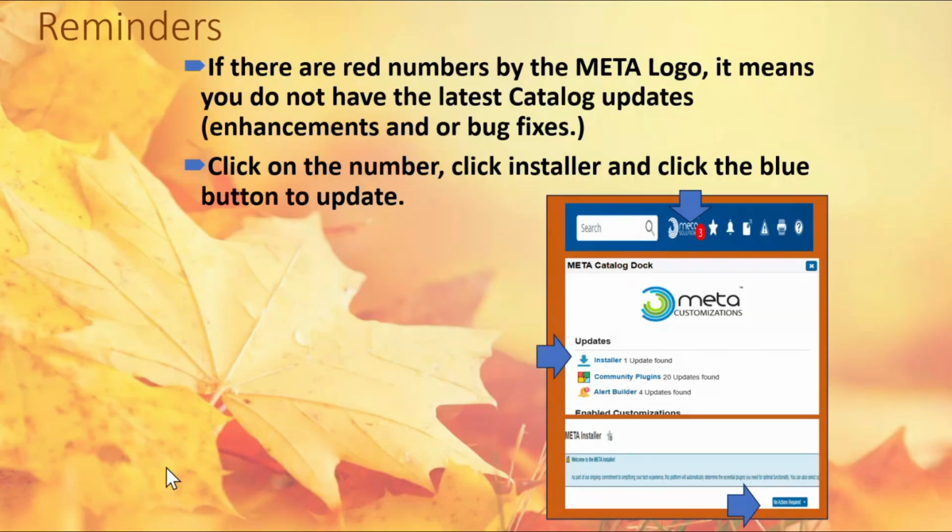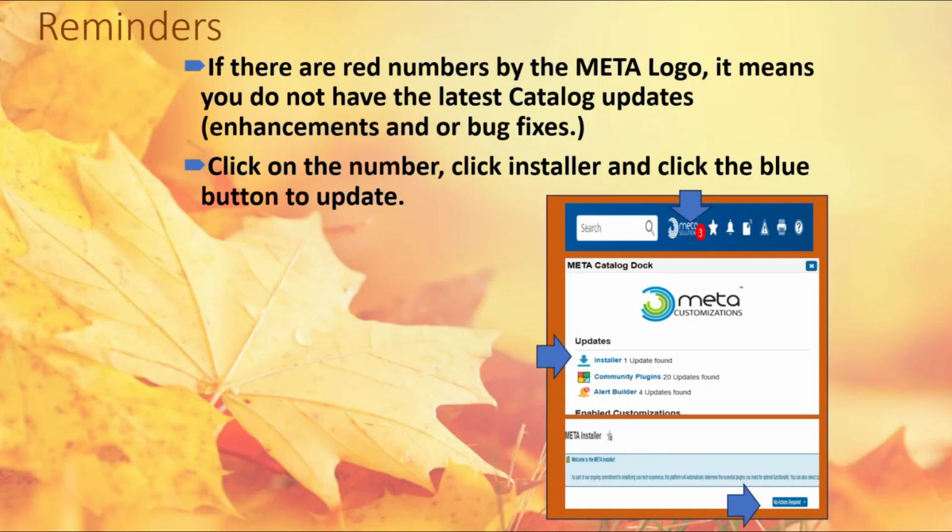So a reminder, this is not new, but if there are red numbers by the Meta logo, it means that you do not have the latest catalog updates, be that enhancements or bug fixes. You have to click on that and go to the installer, click on that, and just follow. There's a little blue button that says update the installer, update the plugins.